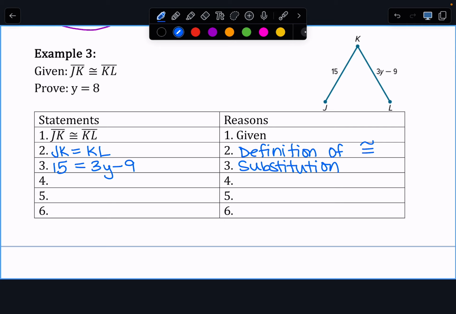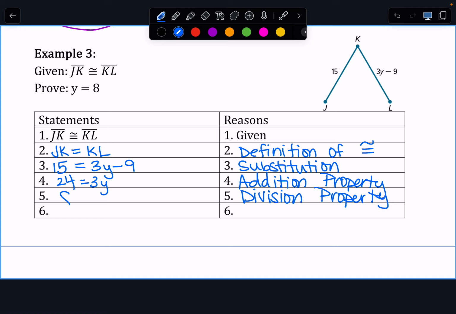Add the 9. Let's add the 9. And we get what, 24? I'm excited about this one. Our next property is going to be the division property, correct? Because now, 8 equals y.